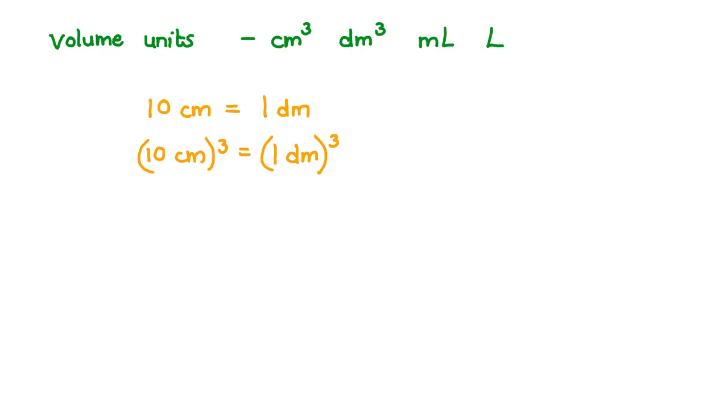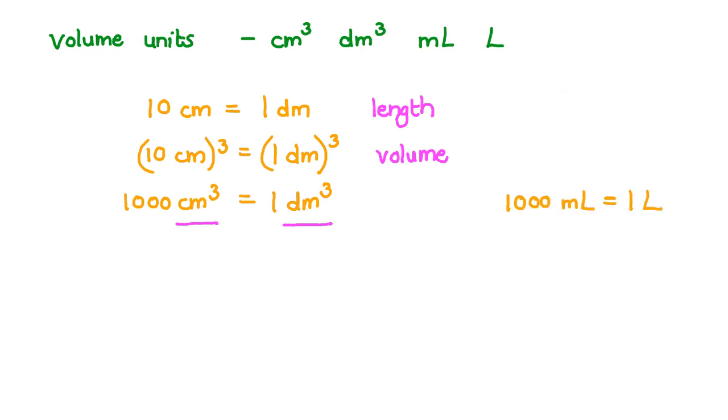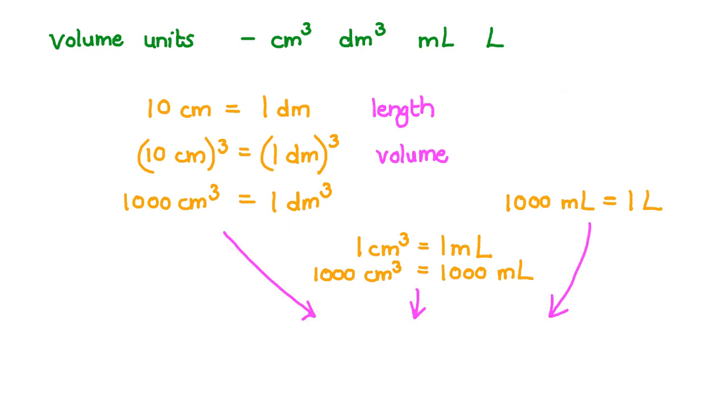Cubing both sides of the equation, we change from length to volume, and we get the conversion factor of 1,000 centimeters cubed equals 1 decimeter cubed. Also, 1,000 milliliters is the same as 1 liter, and 1 centimeter cubed is the same as 1 milliliter. We won't go into explaining why this is so in this video, but we can deduce that 1,000 centimeters cubed would thus be equal to 1,000 milliliters.